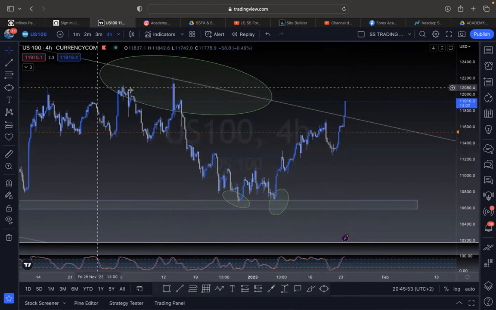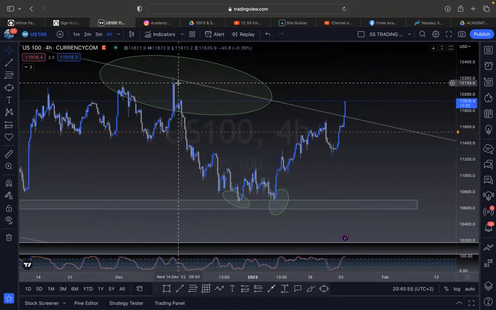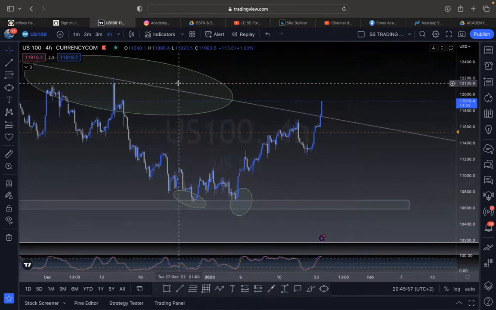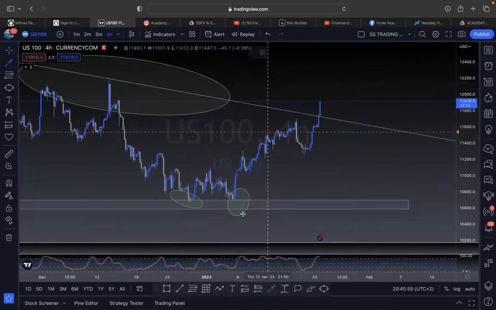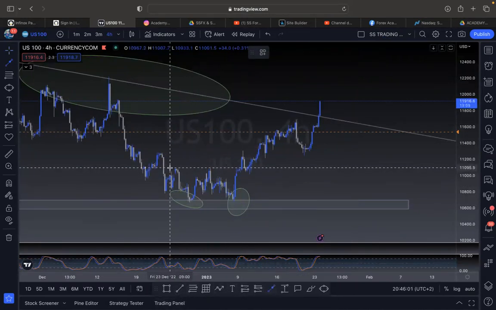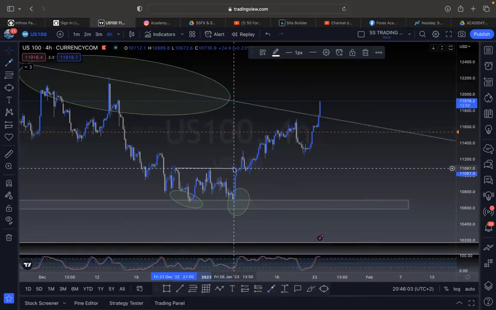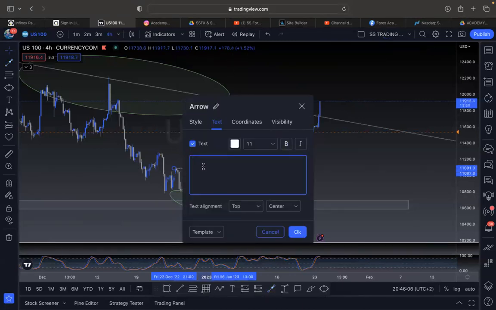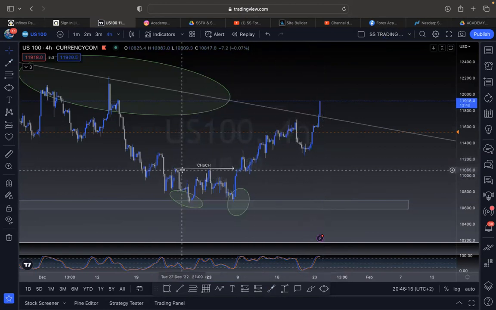So we still need to see price take out this level here, which is 12,100. However, we do have a minor change of character, which has occurred at these lower levels there. So there was also a change of character here. What else do you notice in this region here?